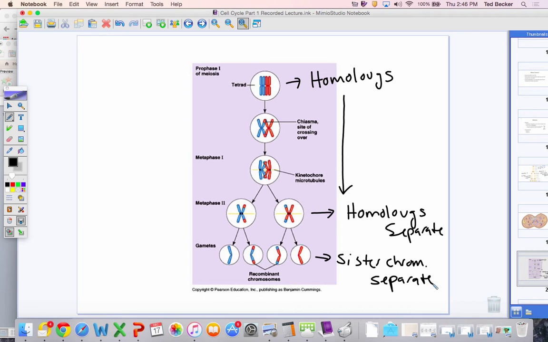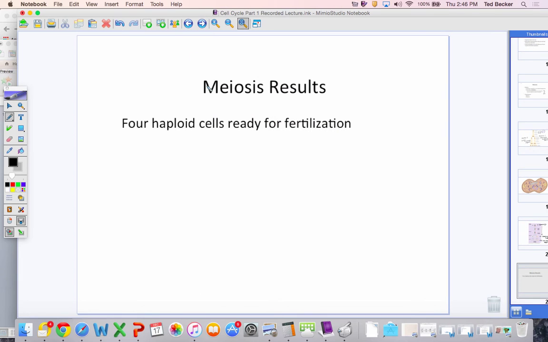So those are the 2 division processes, and what they result in. The results of these two division processes are 4 haploid cells.